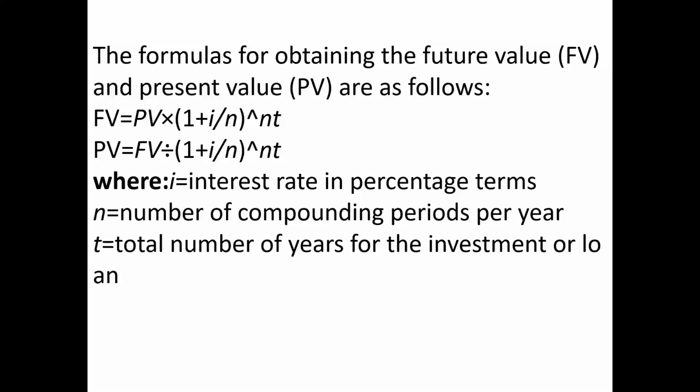Where i, you already know, is the interest rate in percentage terms, n equals the number of compounding periods per year, and t equals the total number of years for the investment or loan. So this formula is very important. I think you should write this formula in your copy, we need to use it for solving some problems.